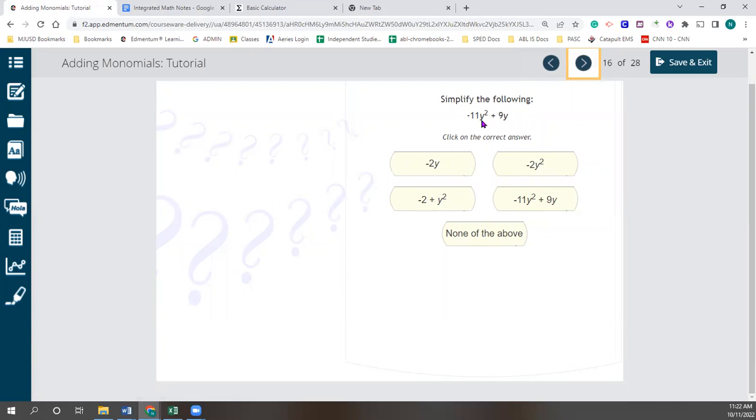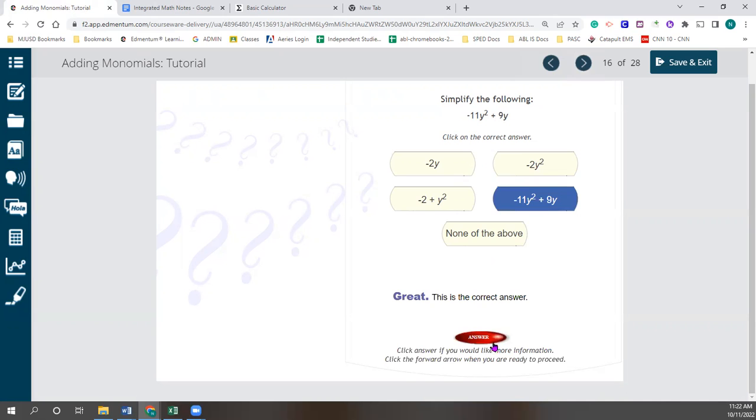Negative 11y squared plus 9y. Simplify that. Now, these two terms are not the same. I cannot add those together. Because I cannot add those together, this is as simple as it can be, so I rewrite it the same.